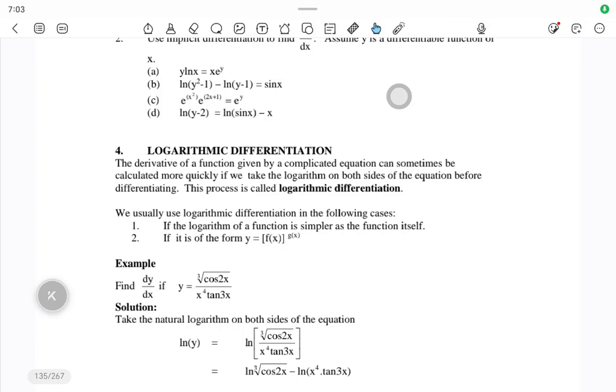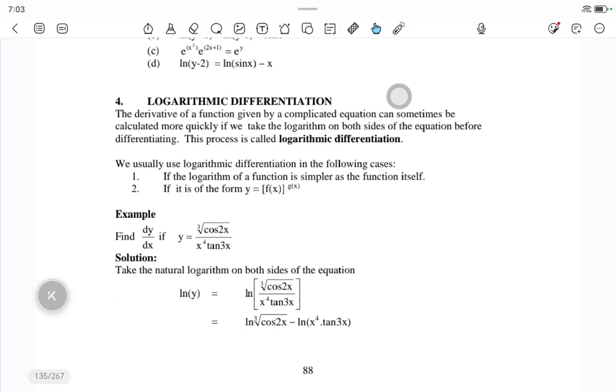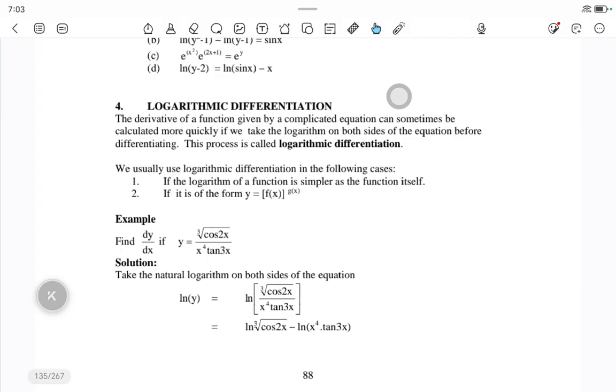Make differentiations. That's why we deal with the introducing part of the logarithmic function, or natural log, which is ln. Remember last time I said that when we're given a complex function, y equals a complex function, we're supposed to introduce ln on both sides for us to simplify that function.